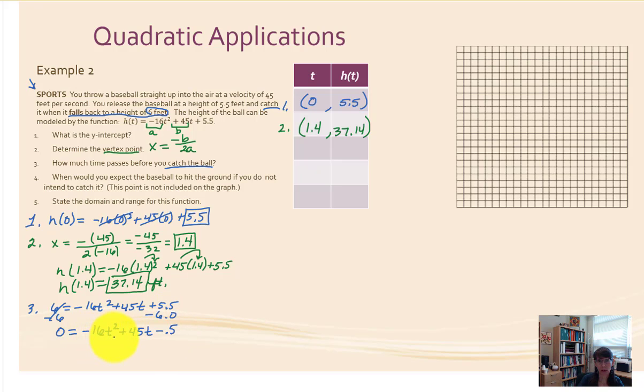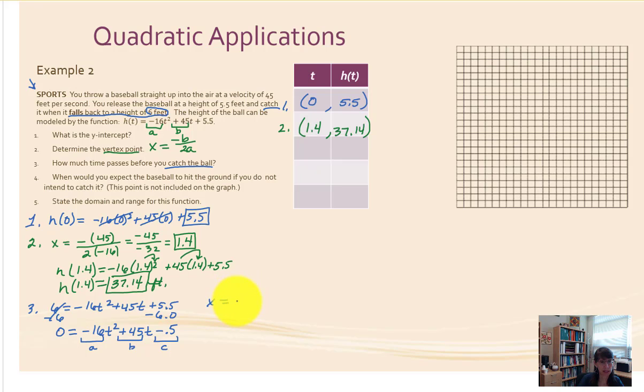We probably don't even want to consider factoring this, so we're going directly to using the quadratic formula. So our value of A now will be negative 16, B would be 45, and C is negative 0.5.